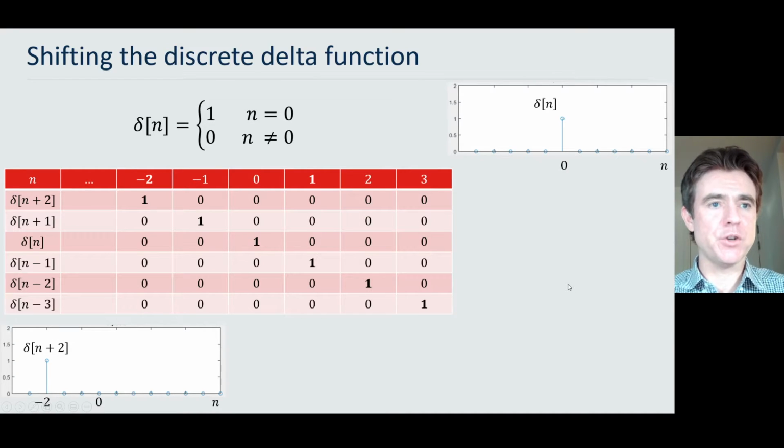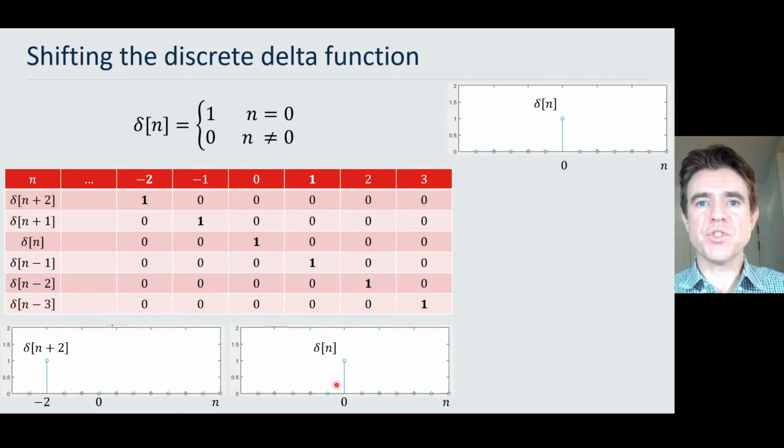I'll just plot an example or two here. The one I just mentioned was delta n plus 2. Sure enough, when the argument of the discrete delta is equal to minus 2, that's where the value of 1 of the unit sample function has been shifted to, and it's 0 elsewhere. This is the center case, which is 0 everywhere except when n is equal to 0, the no shift case.